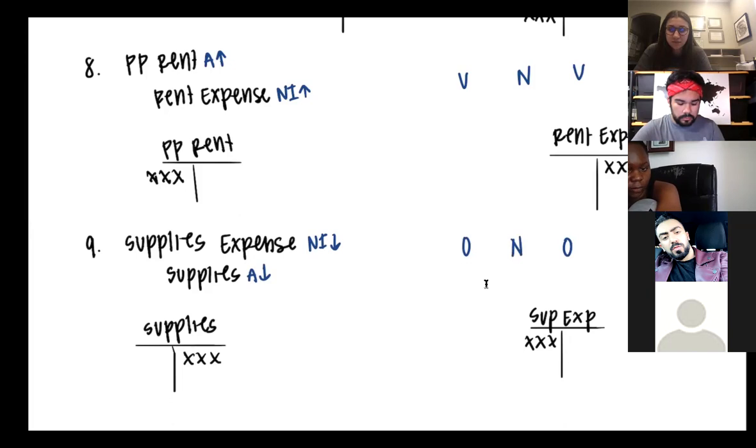Yeah, so at the end of the year, they had $500 worth of office supplies, right? But during the year, they didn't have any. Here, let me show you something.